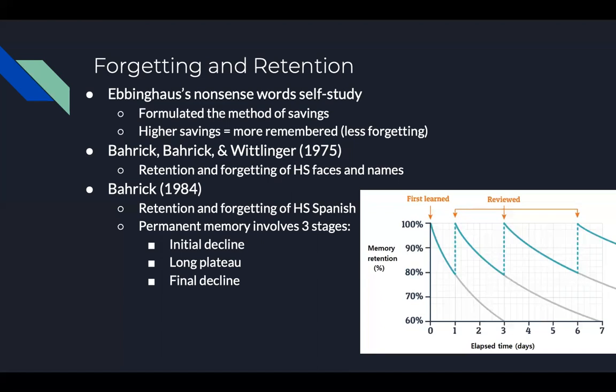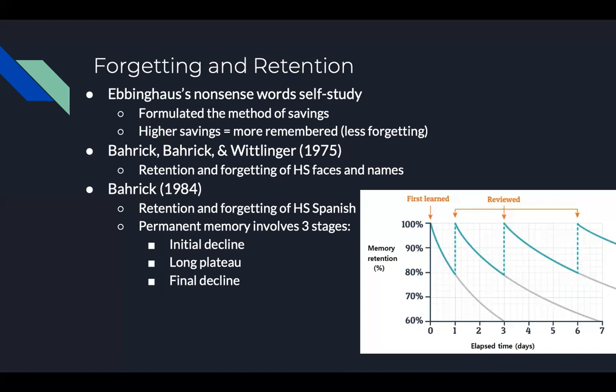And so it led one of the Barics to suggest that there is this sort of 3-stage period of information transition that leads to eventually a relatively permanent memory, but there is quite a loss of information that happens as well.